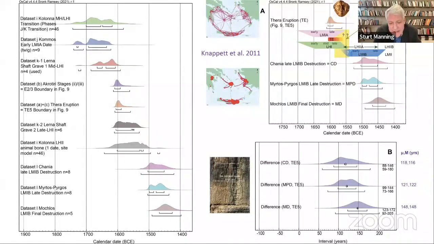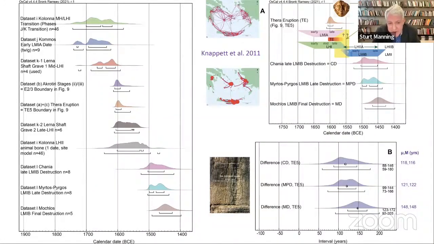And then we have the Late Minoan 1B destruction dating we have from Chania, Myrtos Pyrgos, and Mochlos. Those two periods, LH1 late and LH2, across the middle of the 16th century are both our worst evidence, and yet it's probably the most interesting period in later Aegean prehistory at present, where we need to try and find out a great deal more.